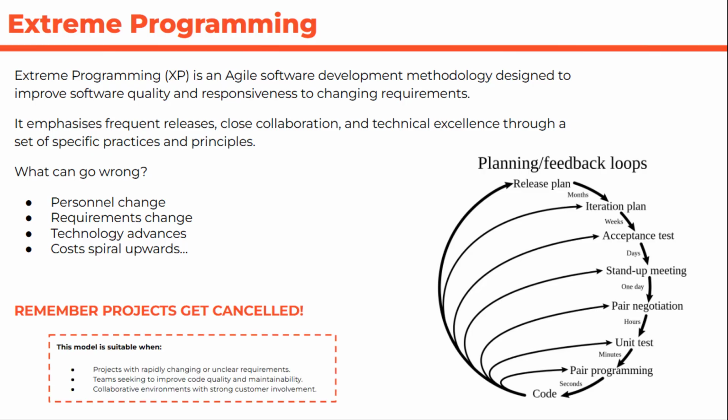So this model, extreme programming, is suitable when there's projects with rapidly changing or unclear requirements. Also, it's suitable when teams are seeking to improve code quality and maintainability. So yes, that means you can pick up an existing code base and go for improving it. Also, it's suitable when collaborative environments are there with strong customer involvement.